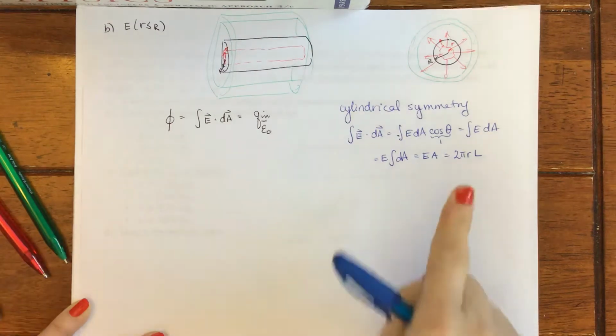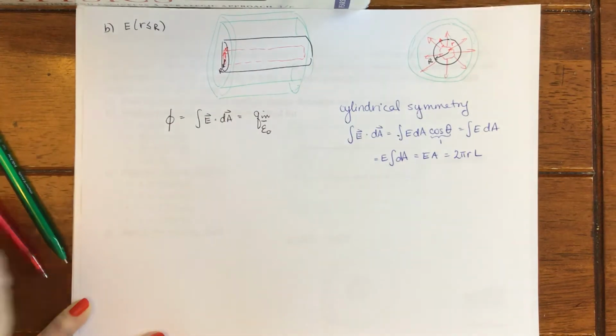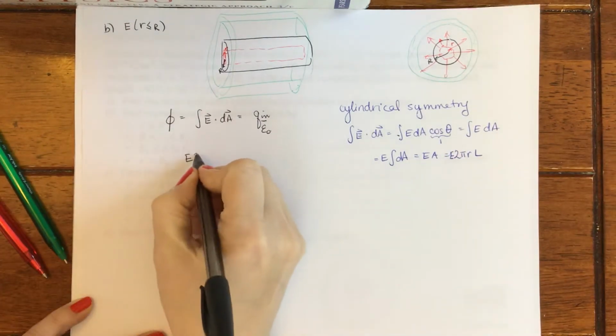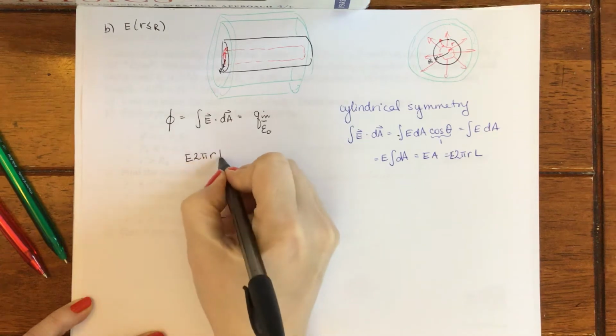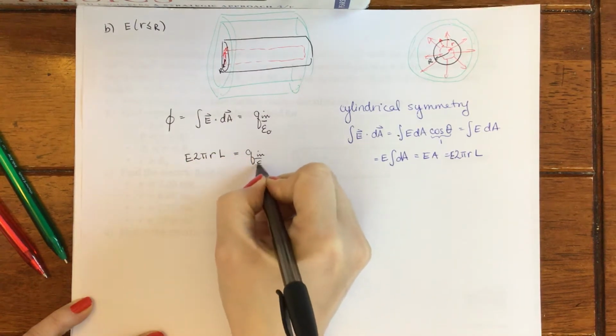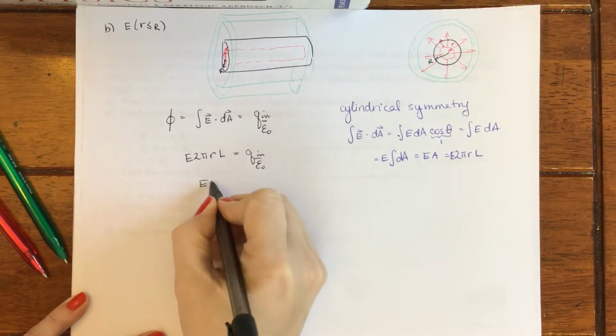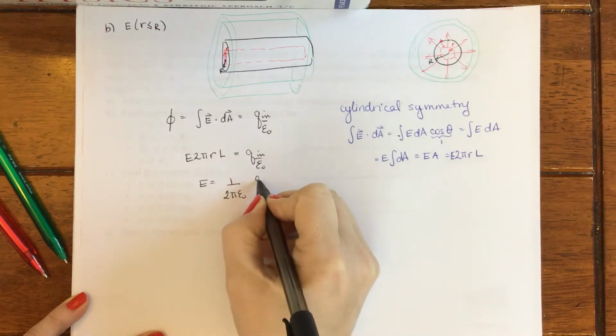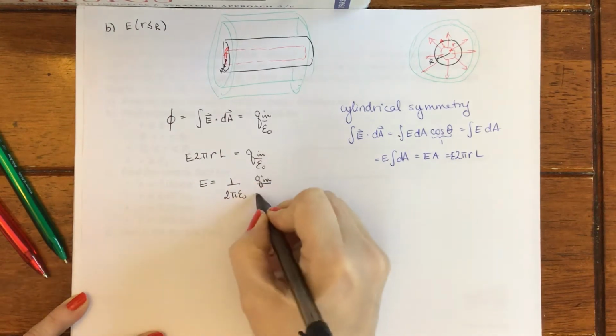So let's put this together and get an expression for our electric field. E times 2 pi r times L equals Q in over epsilon naught. Solve for E: E equals 1 over 2 pi epsilon naught times Q inside over r times L.